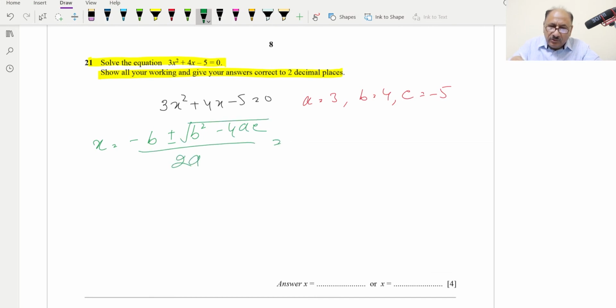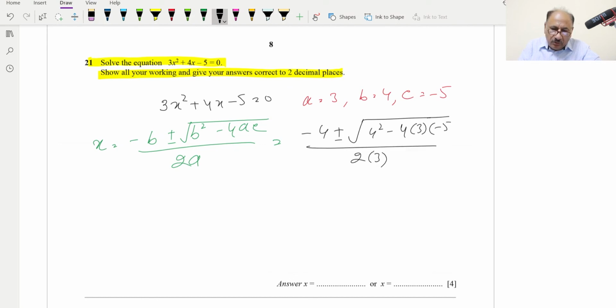We will write the formula. So x is equal to minus B plus minus square root of B squared minus 4AC over 2A, and this will be equal to, replacing values, minus 4 plus minus square root of 4 squared minus 4 into A into C over 2A.